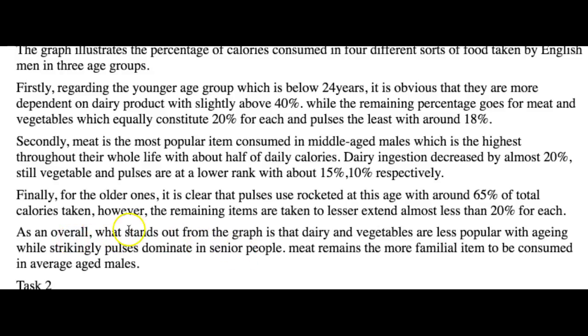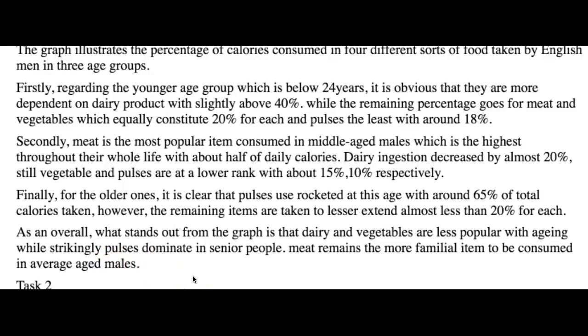Overall, not overall. Overall, so we don't say what stands out from the graph. Let's just get to the point. Okay. Overall, dairy and vegetables are less popular with aging. Good. While pulses dominate in senior people. Full stop. Capitalization. Meat remains the most popular for middle-aged males, or for the middle group of males. Okay?